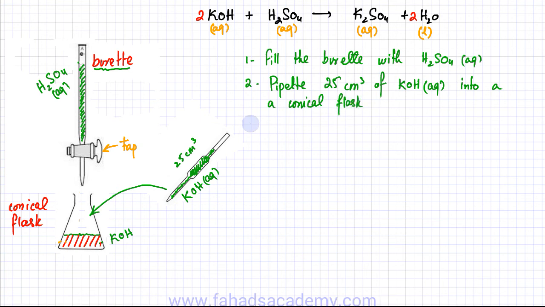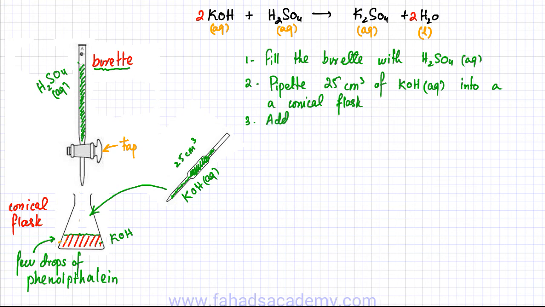The third step would be that I would put a few drops of indicator solution into this conical flask. It could be any indicator which I've described previously. In this case, I'm using phenolphthalein as an indicator. So I'm going to add a few drops of phenolphthalein indicator in this conical flask.